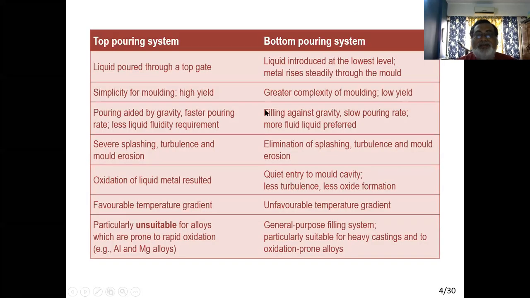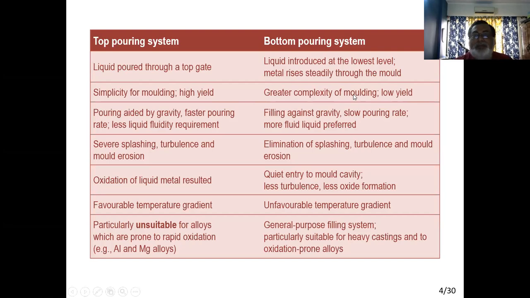If we see this table, liquid is poured through the top gate, and here the liquid enters from the lowest part of the gating system. Simplicity of molding, we have seen that. Don't bother about the design of the gating system, and yield is high, obviously. On the other hand, if you have to design a bottom pouring system, there is a lot of complexity. We'll see later.